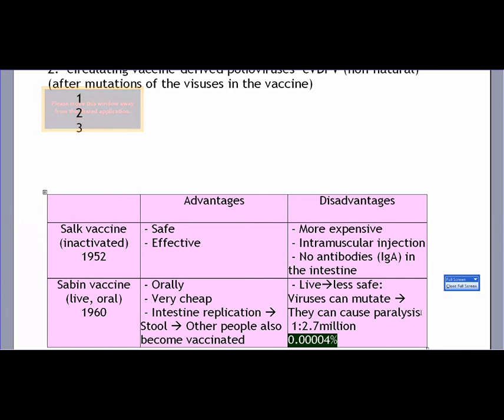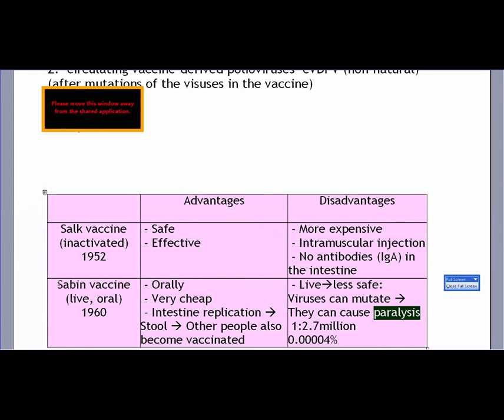So this risk is accepted because the risk is very low. However, because the risk of paralysis exists, most countries where poliomyelitis has disappeared are using the Salk vaccine, not the Sabin vaccine.